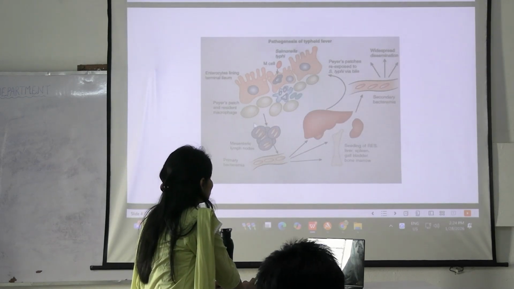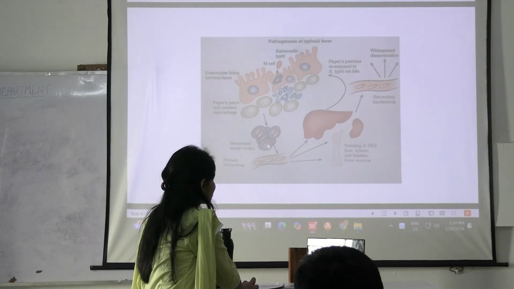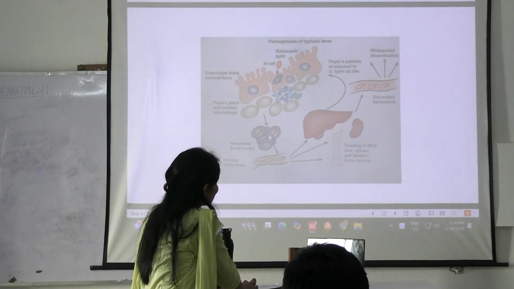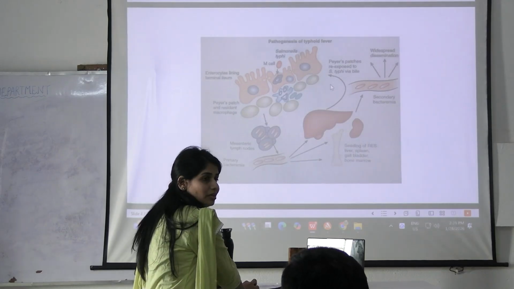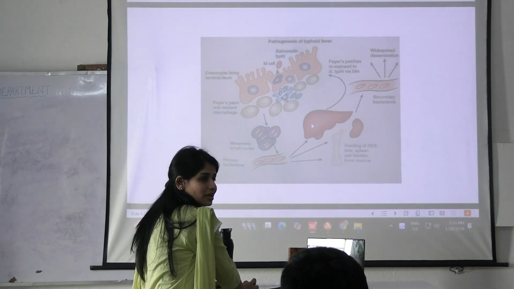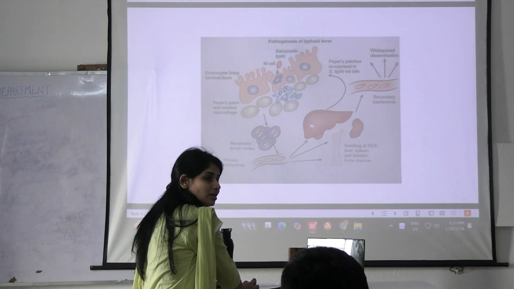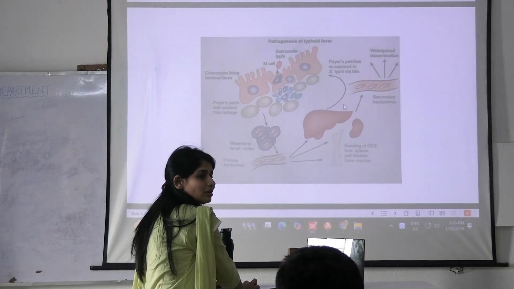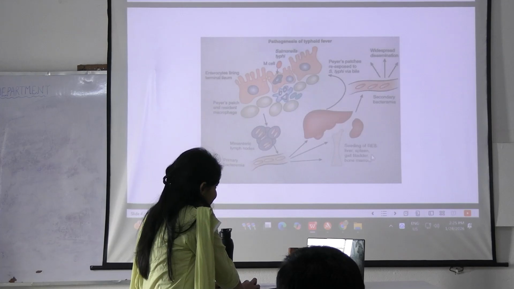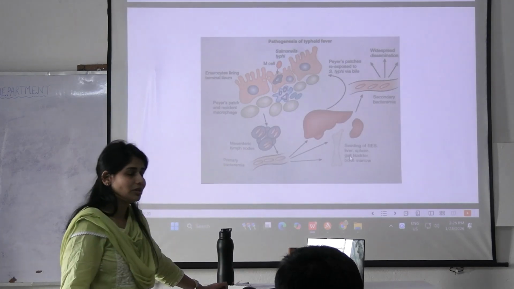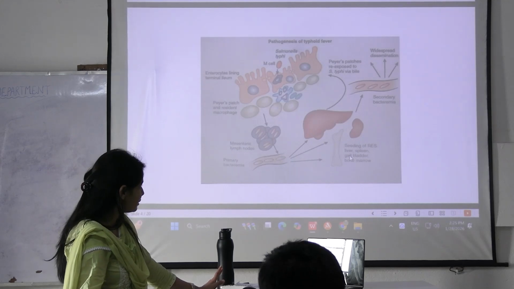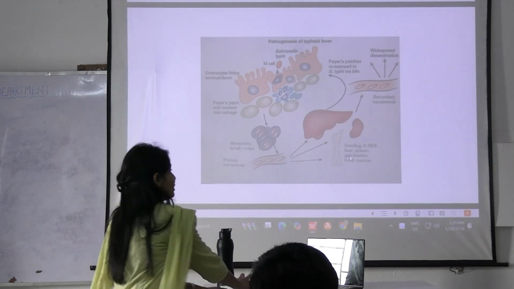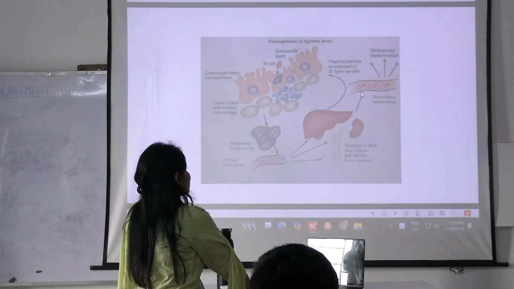Okay, and from there they'll go to mesenteric lymph nodes, and from there to the bloodstream and other organs like bone marrow, liver and gallbladder. Through reticuloendothelial system organs, they will spread. That is called widespread dissemination.